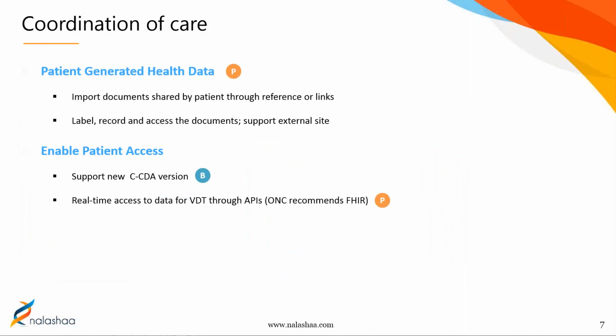Once these documents are imported, label them, tag them, maybe as an advance directive, a birth plan, or an insurance card. Provide more information on where to locate these specific documents, or the ability to link to an external internet site. Yes, the external internet site may be a cloud where the patient health information documents are stored.